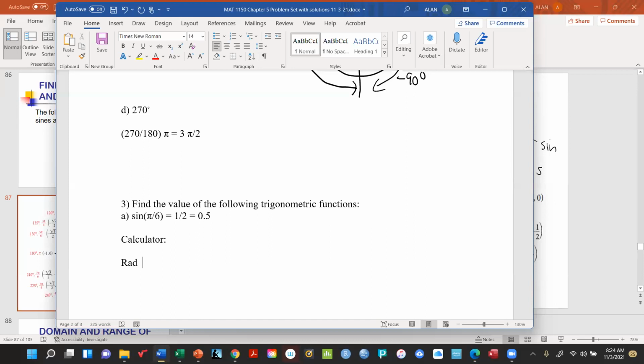Type pi, and then divide by 6. Oh, that didn't work. Okay. So here's what we're going to do. When you start all over again, make sure you're in the radians mode. Hit pi divided by 6, close parentheses.